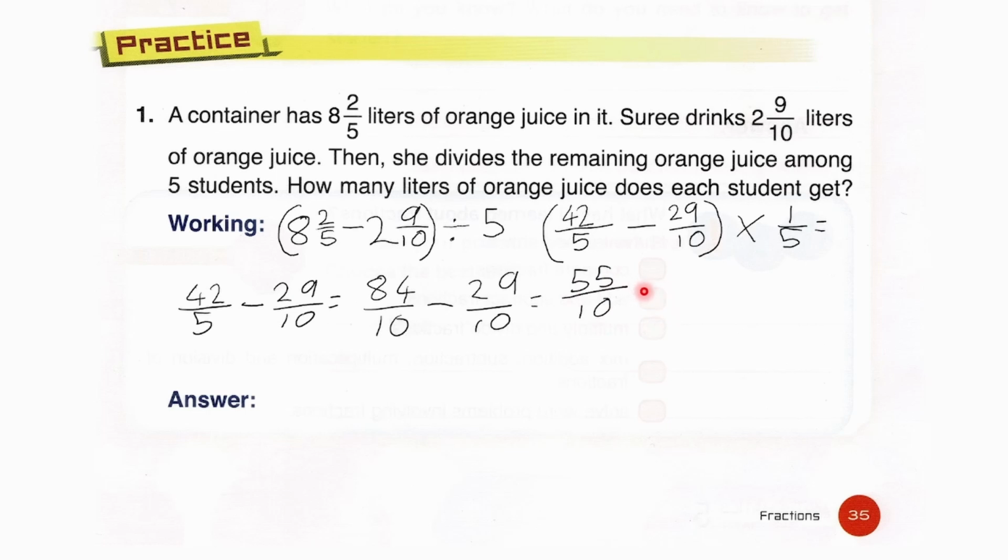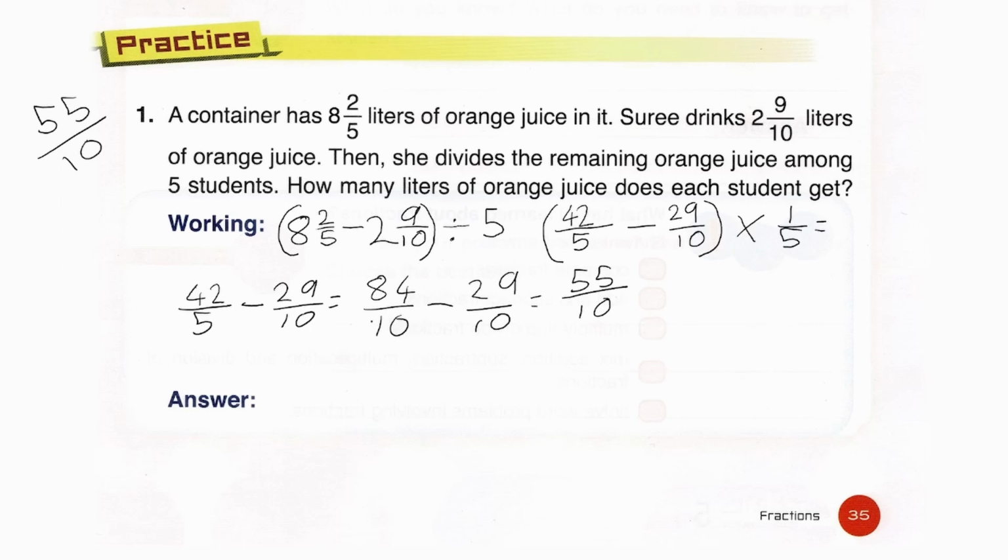So is that the answer? No, it's not, because we need to do this part. All we have done is this part. So now we must do this part. So let me erase this and move this here to, I'll just write it here. So 55 over 10.